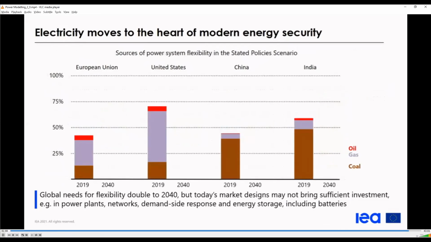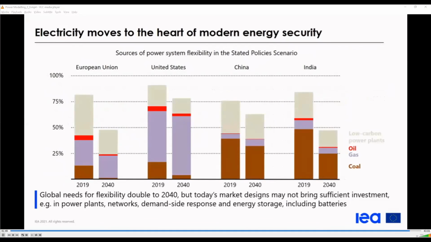The good news is we have those flexibility sources that I talked about earlier: power plants, electricity networks, storage technology, and demand side response measures. Coal and gas-fired power plants are today the main source of flexibility, and they remain so in the future. There is also some contribution from low-carbon sources like hydro and nuclear power. But looking ahead, many power systems will need to rely on other means.